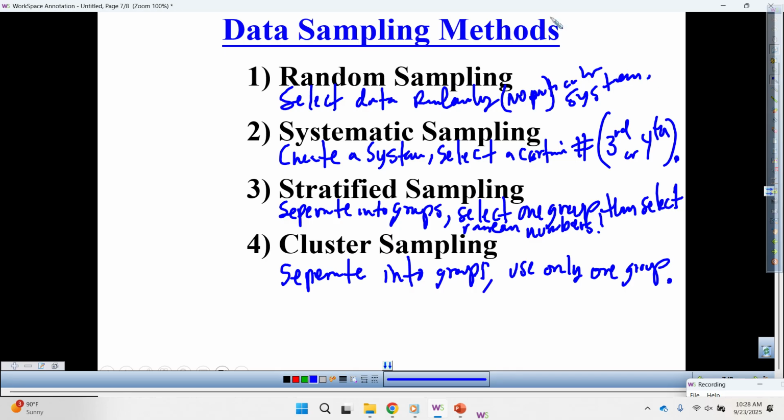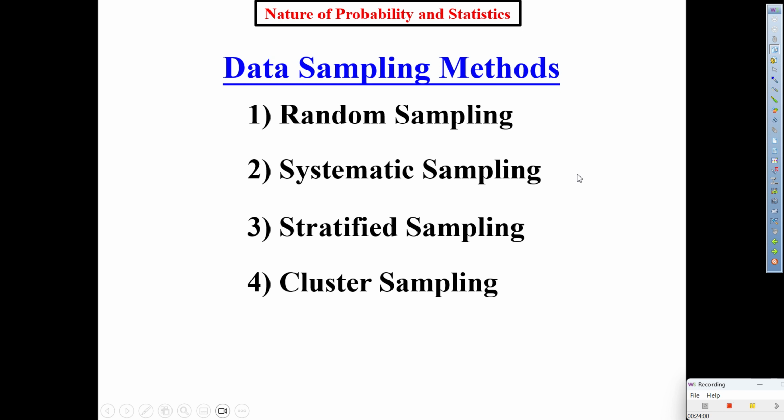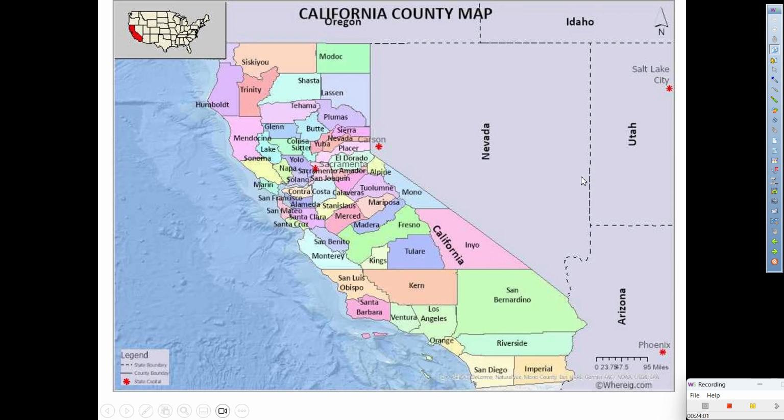All right, so let's see how we did. Y'all ready? Look up to the screen. I'm going to use the state of California. There it is. The state of California is divided into counties. From there, I'm going to use the entire Imperial County to send out a survey to see who goes to Jack in the Box. All right, tell your neighbor what kind of data sampling that is.